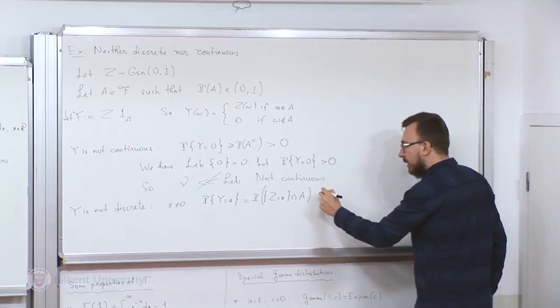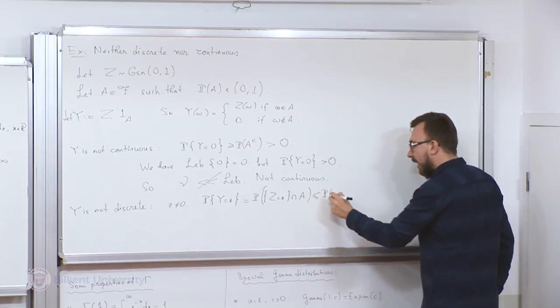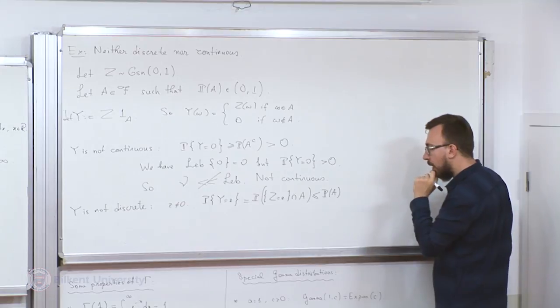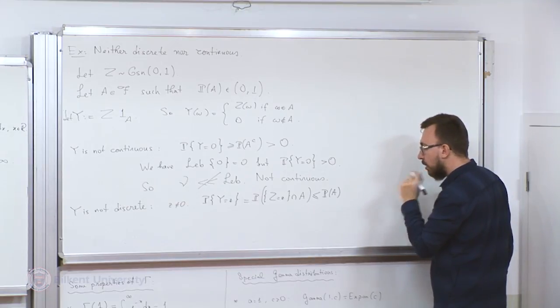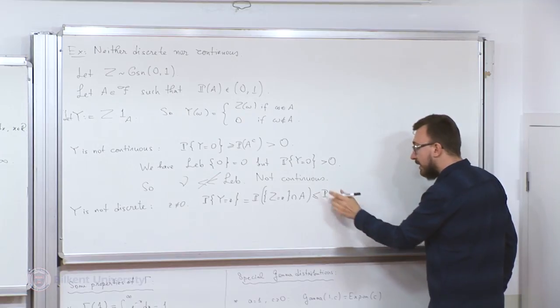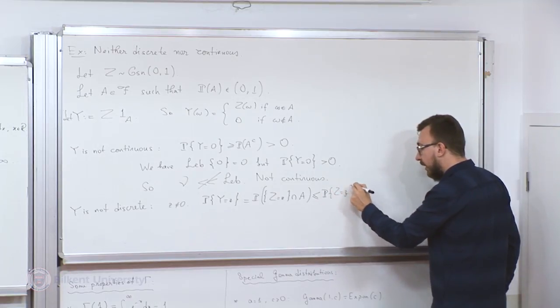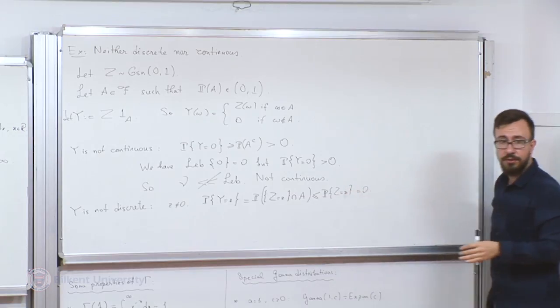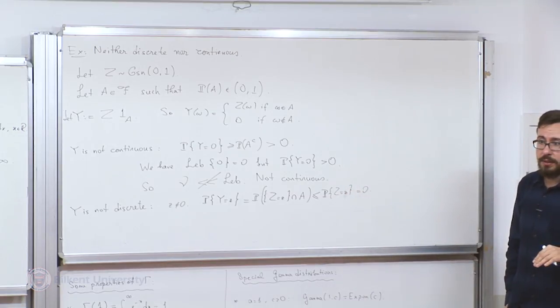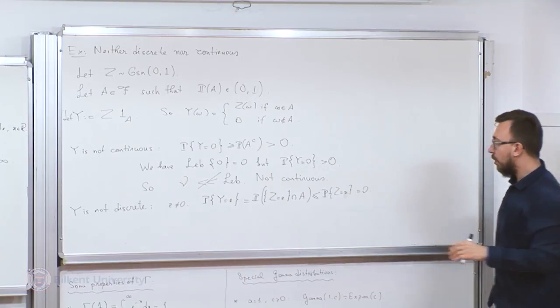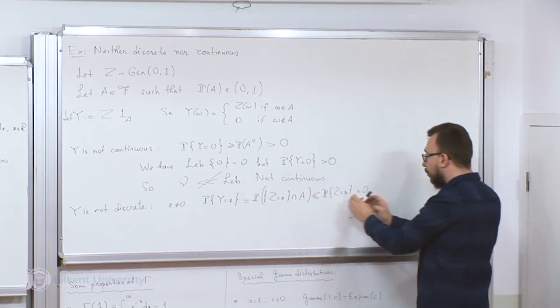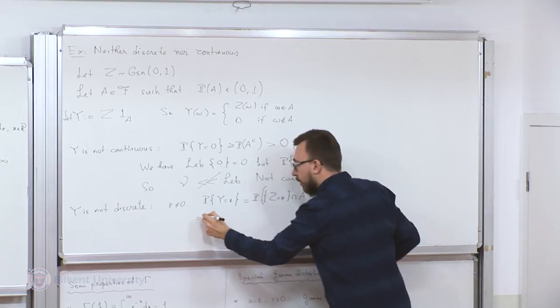And this is smaller than the probability that Z equals little z, which is 0, because Z is a continuous random variable, Gaussian 0, 1. So a probability less than or equal to 0 means the probability is 0.